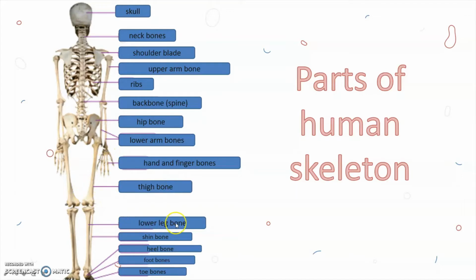Next, lower leg bone, shin bone, heel bone, foot bones, and the last part of the human skeleton is toe bones.